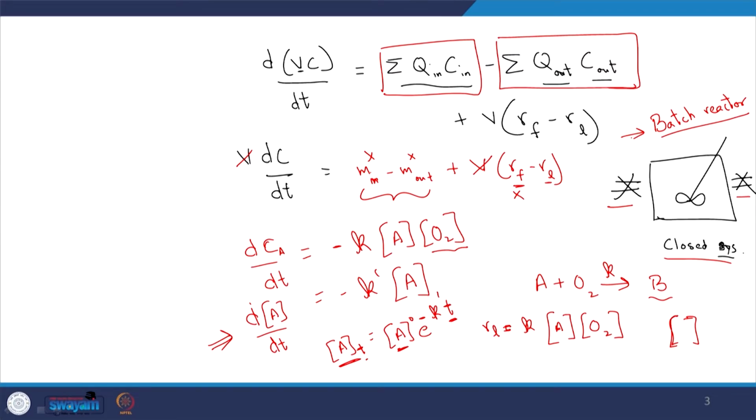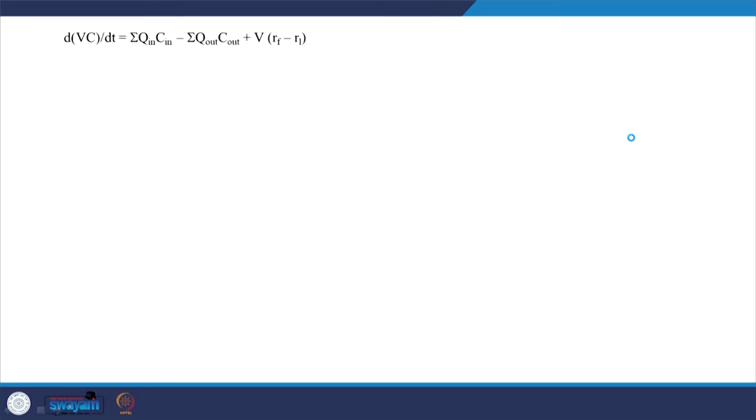You can look at a particular reactor or a control volume out there in the field and more or less try to classify it as one of 3 ideal reactors. The first one we just discussed, batch reactor. The second one will be the continuously stirred tank reactor, and then the plug flow reactor. And then you will be able to quickly understand how the system is going to behave. So, the first ideal reactor we looked at is the batch reactor. Let us move on and see what else I have out here.